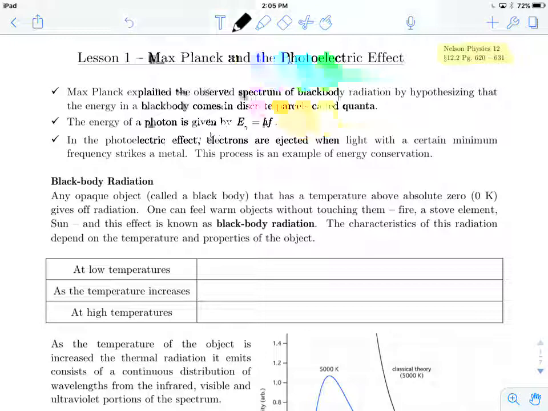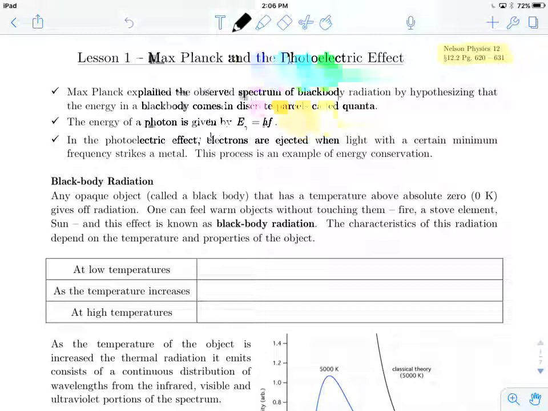By the end of the unit, we're going to have talked about the fact that Max Planck observed the spectrum of blackbody radiation, and he had a couple hypotheses, but basically he was the first person who said that the energy from a black body comes in discrete parcels or packets called quanta.